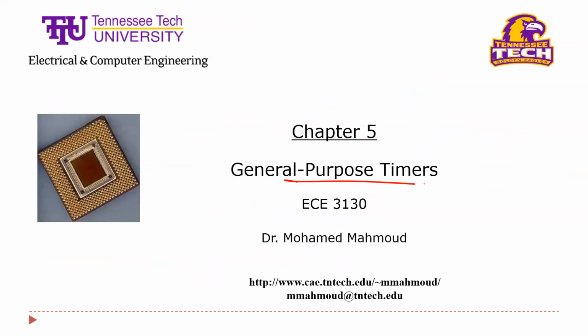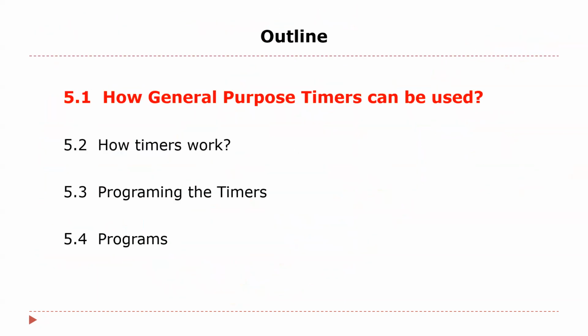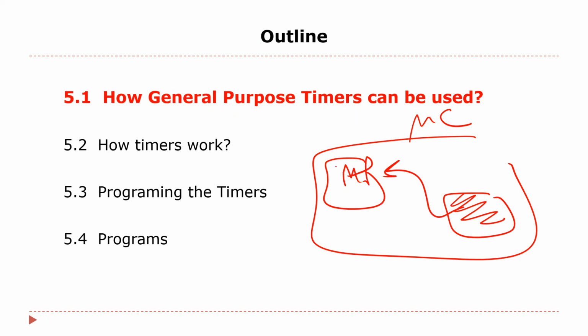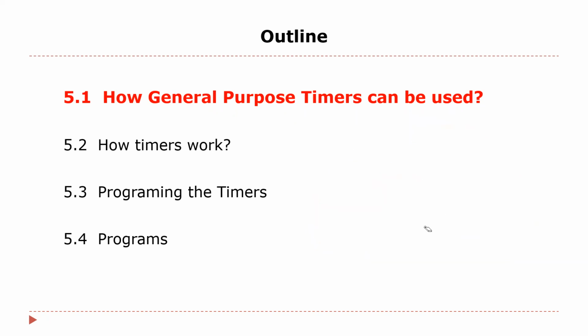It's called general purpose timers. Keep in mind the timer is a hardware system inside the microcontroller, and this hardware system can interrupt the microprocessor. I'm gonna explain that in detail.